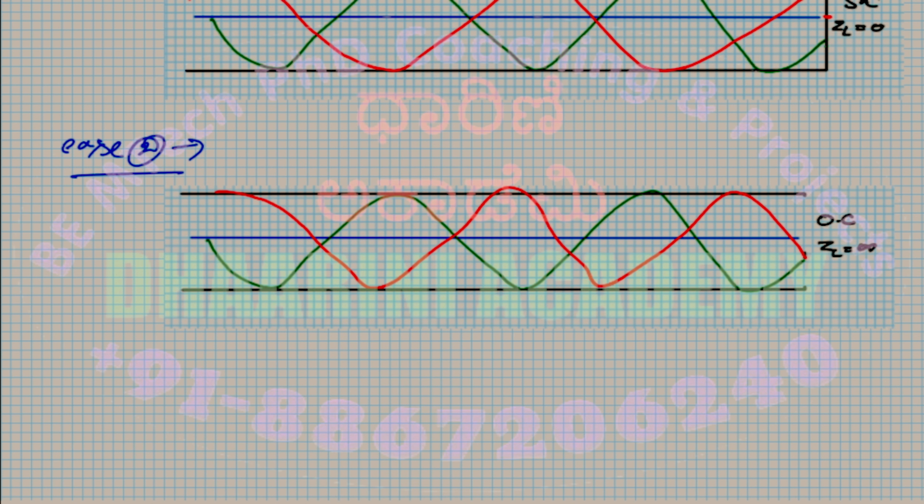Okay, then the case 3 comes into picture, which is a complex load. So we don't have a very specific relationship between what we send and what we receive. So because of that, we may see something like this.